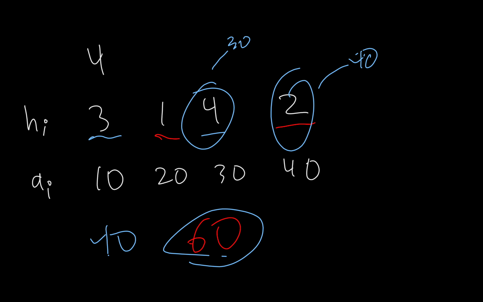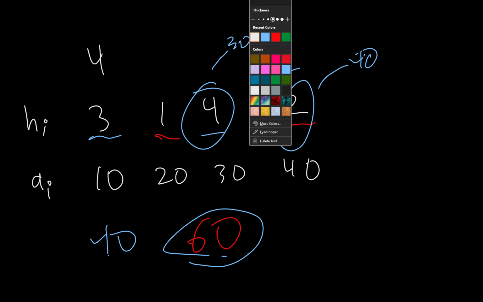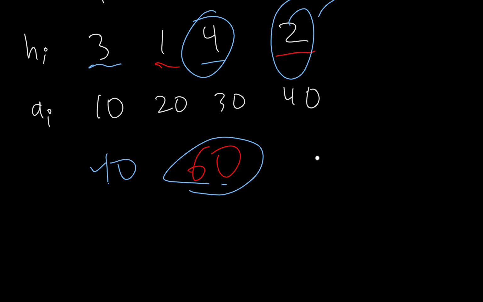So how can we solve this using DP? It looks similar to the longest increasing subsequence, the longest monotonically increasing subsequence, but we also have to have the maximum total beauty. So let's look at how the DP would be for this.